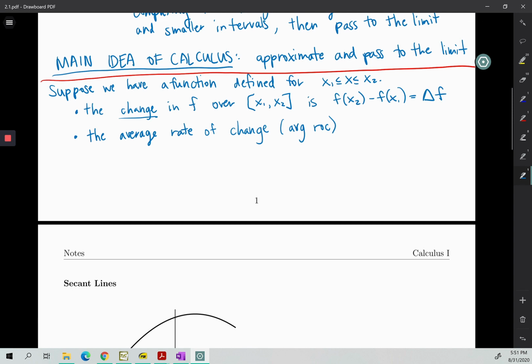So average rate of change of the function f from x1 to x2, or over the interval x1 to x2, is just the change in output over change in input.